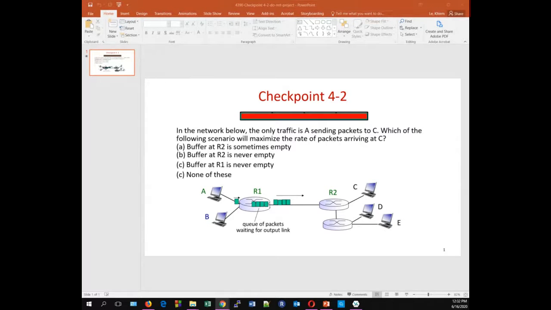So I guess you're referring to a buffer, but which one are you referring to? The R1 buffer. Okay, R1 buffer. So are you saying that the scenario which will maximize the rate of packets arriving at C is the one where R1 is not empty and not full?